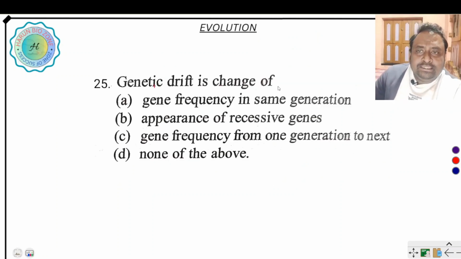Genetic drift is a change of gene frequency in the same generation? Appearance of recessive gene frequency from one generation to the next? None of the above.